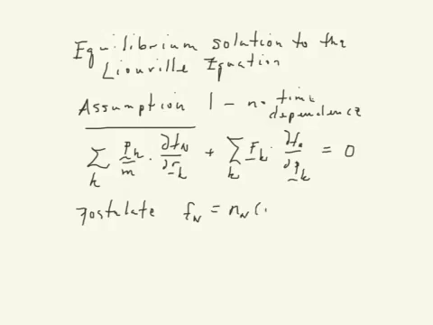The first one will be a configurational function, and the second one will be a function which depends only on momentum. So we recognize this as a separation of variables postulate, and now all we have to do is substitute this ansatz into the Liouville equation.